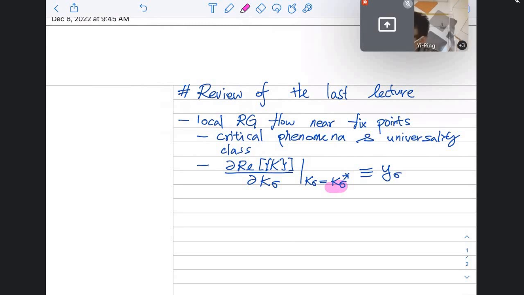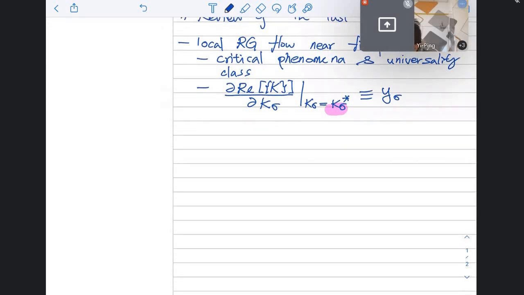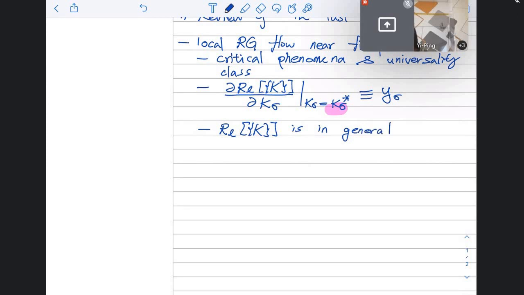During the last discussion, we also mentioned another important fact. This RL, which is the renormalization group process, will provide an equation that connects the couplings at different length scales, but the expression is usually quite general, and also usually highly nonlinear.